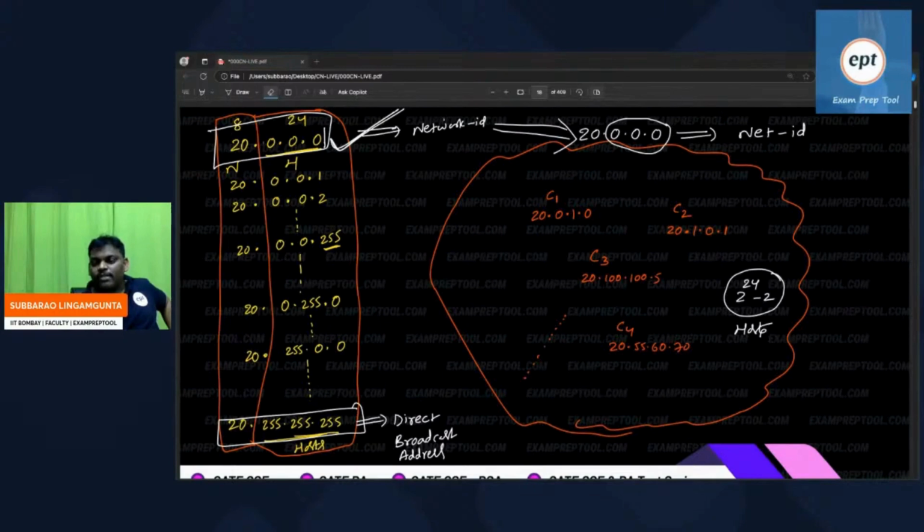That's what I am saying. Srishti madam, D class and E class are only for namesake. It is like governor and president. Sorry, president and one more person, deputy president. Only for namesake. They have nothing to do.